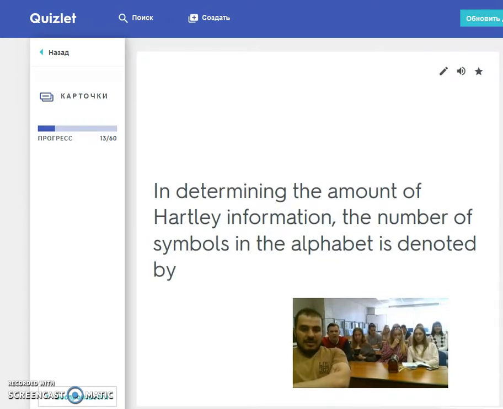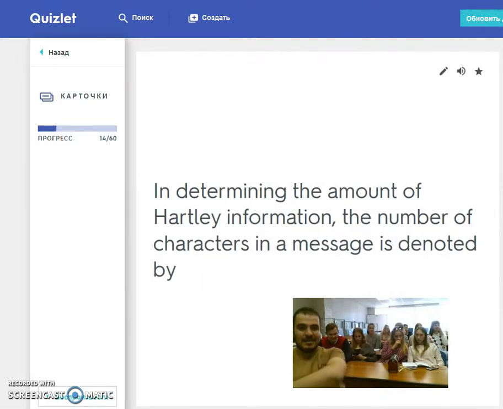In determining the amount of Hartley information, the number of symbols in the alphabet is denoted by. The number of characters in a message is denoted by.